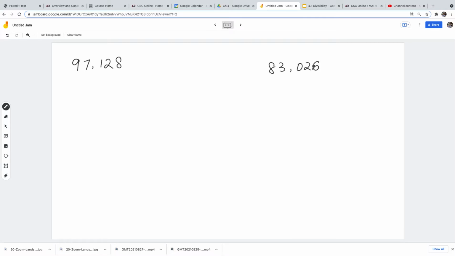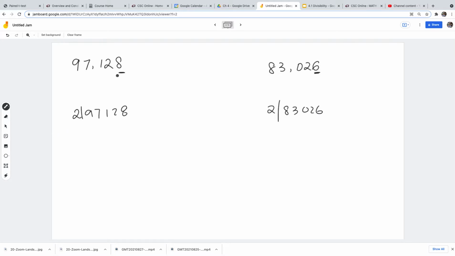83,026. Okay, so to find whether these numbers are divisible by 2, we're going to look at the ones digit. It is divisible by 2, so yes, 2 divides that number, 97,128. And here we are looking at the ones digit of 83,026. 6 is an even number, so yes, 2 divides 83,026.